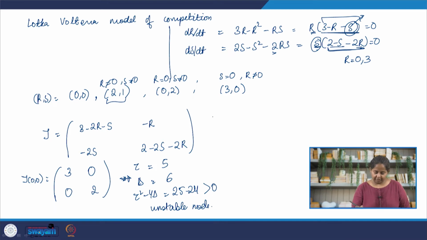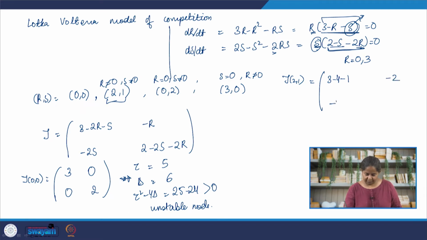Okay, now let's look at the next fixed point, J21, which is a fixed point where we are seeing a big change, right? So how does this fixed point change its stability? So R is 2 and S is 1. Alrighty, so we are substituting the value of R and S here.